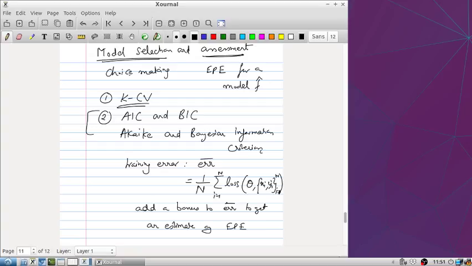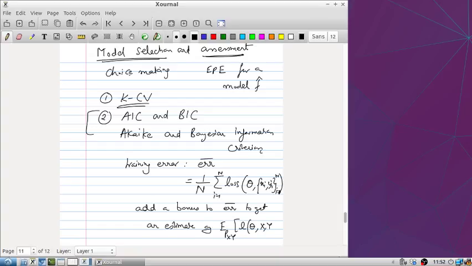Remember, cross validation was only trying to estimate the EPE in the case of residual sum of squares. Similarly, you are always going to estimate the performance of your model on a new data point. So let me explicitly write what EPE is: the expectation over P of xy of the loss of theta on x and y.